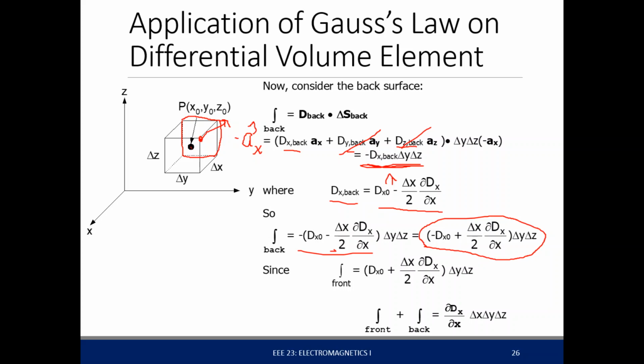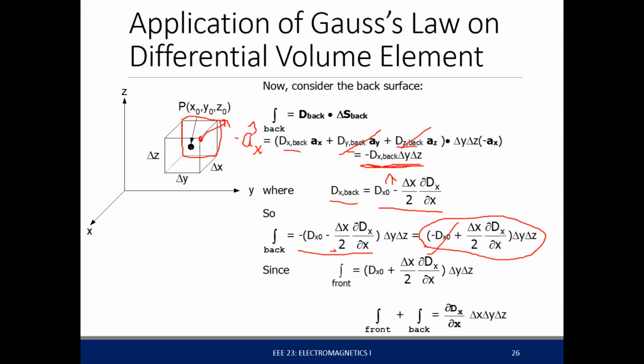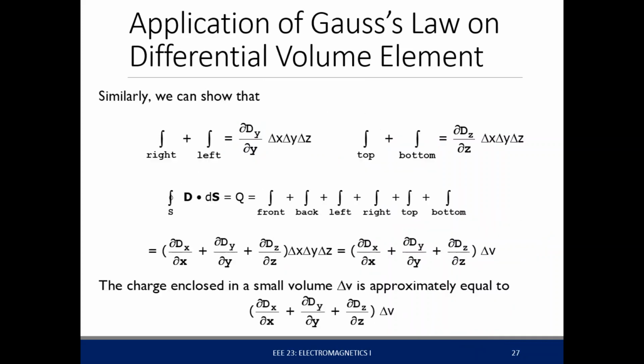If we add them, Dx naught will cancel with Dx naught here, and what we'll be left with is this expression right here: the partial derivative of your x component with respect to x times delta x, delta y, and delta z. Similarly, if we analyze the right and the left, we get the partial derivative of the y component with respect to y times delta x, delta y, delta z.